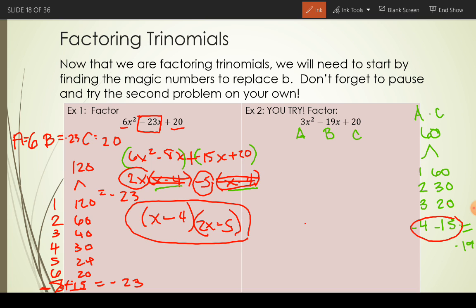Okay? So we're going to write down 3x squared first. And we're going to replace negative 19x with our magic numbers. So negative 4x, remember to add the x on the end, and negative 15x. Okay? From here, we can factor by grouping because we have 4 terms.